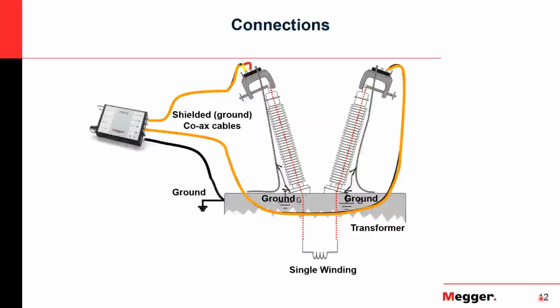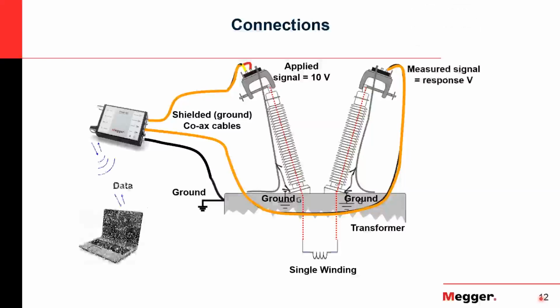So connections, pretty simple. What we're going to do is use a shielded coax cable and have a nice clamp on one side of a winding and then go through the winding. And then what I'll say is that this device, SFRA, really only does one thing.